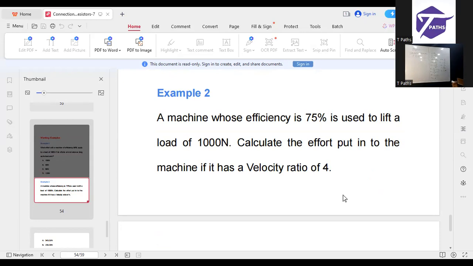All right. It says a machine whose efficiency is 75% is used to lift a load of 1000 Newton. Calculate the effort put into the machine if its velocity ratio is 4.